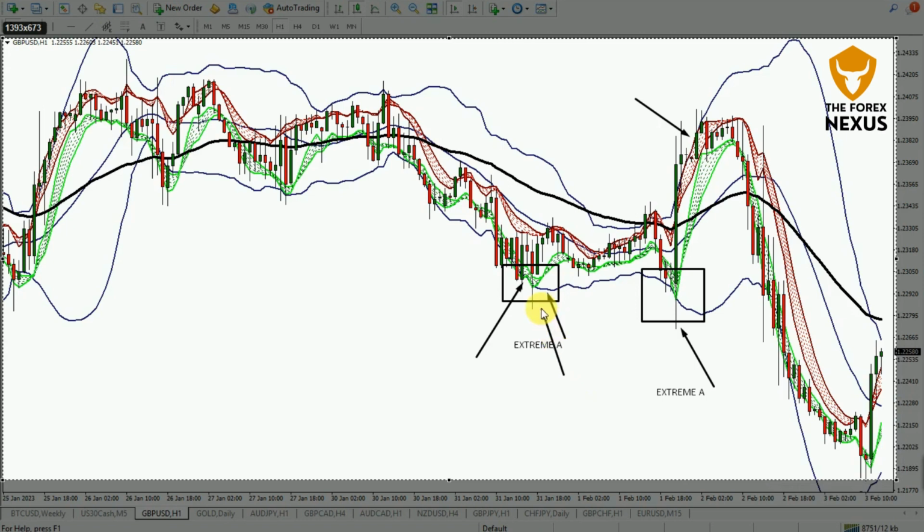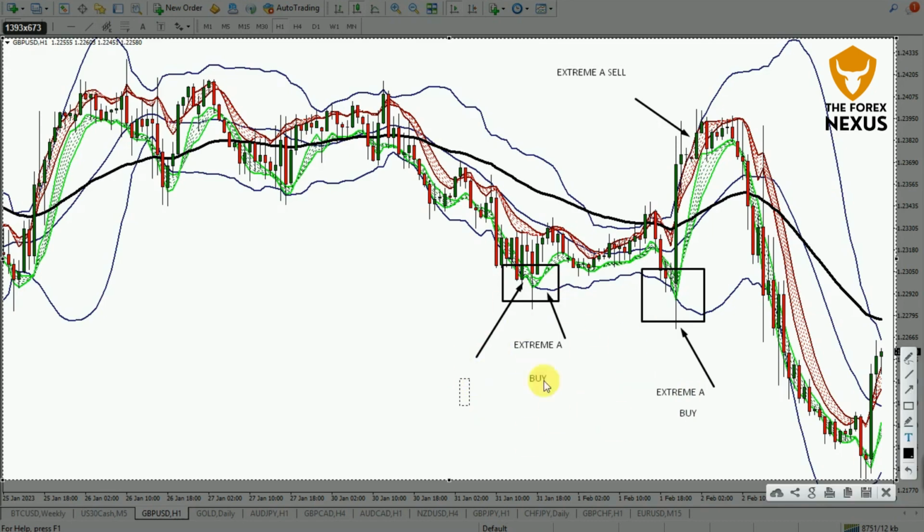This one and this one are extreme B. This is extreme A sell, and this one is buy, this one is also buy.